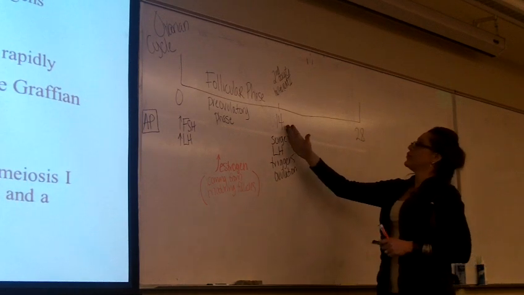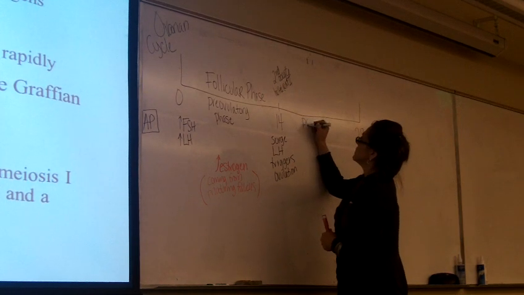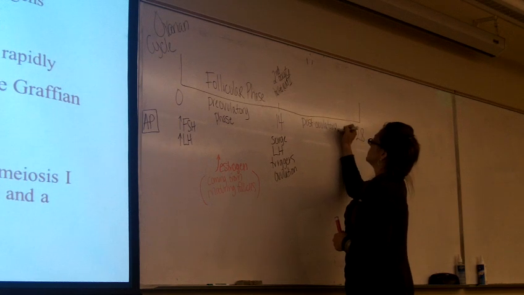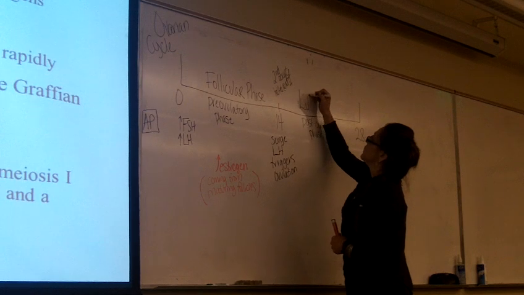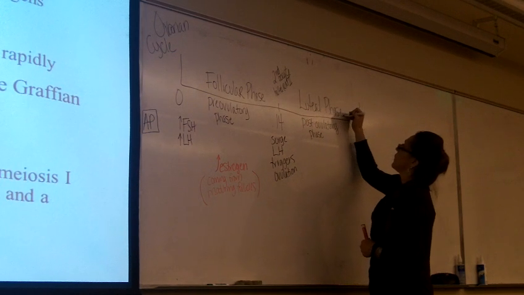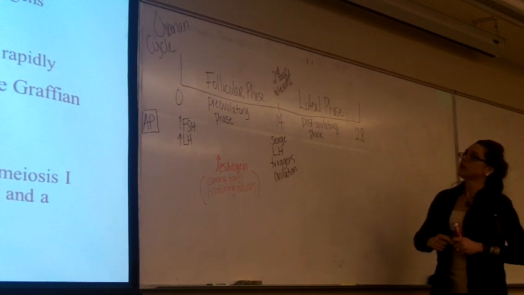So from day 14 to day 28, this is referred to as the post-ovulatory phase. It's also called the luteal phase of the ovarian cycle. So what's going to happen here?